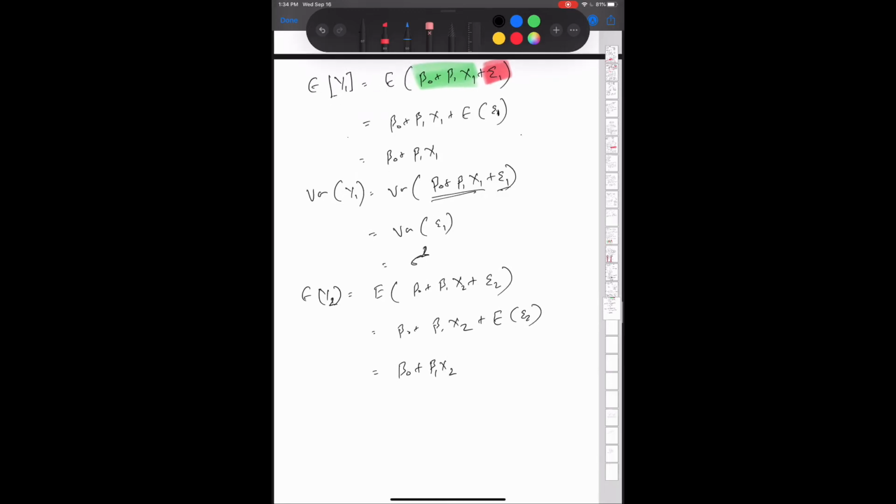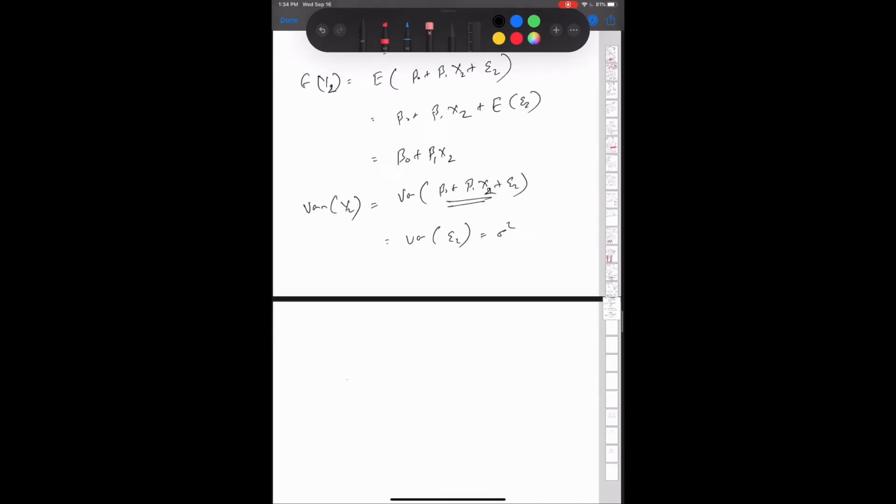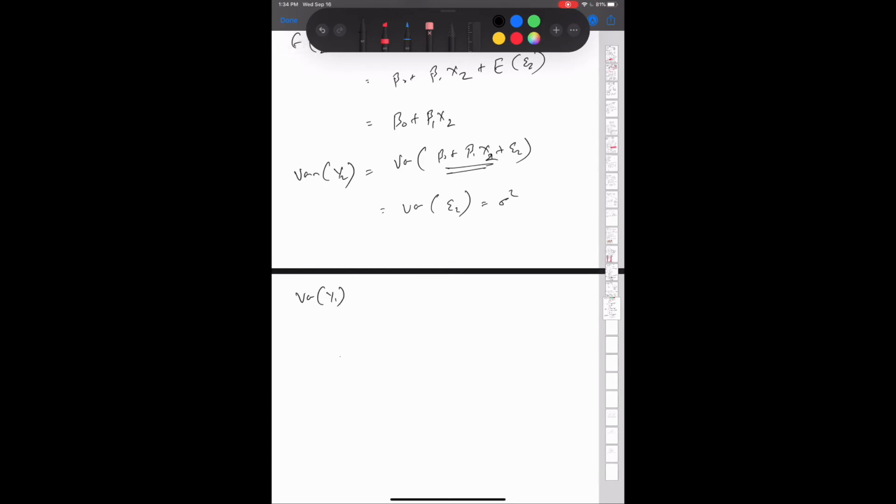What about the variance of y2? It is the variance of beta 0 plus beta 1 x2 plus epsilon 2. Since the first part is a constant, it's the same as the variance of epsilon 2, which is sigma square. So we see that the variance of y1 equals the variance of y2 equals the variance of yn, and that's equal to sigma square. The expectation of yi for some value of i is just beta 0 plus beta 1 xi.